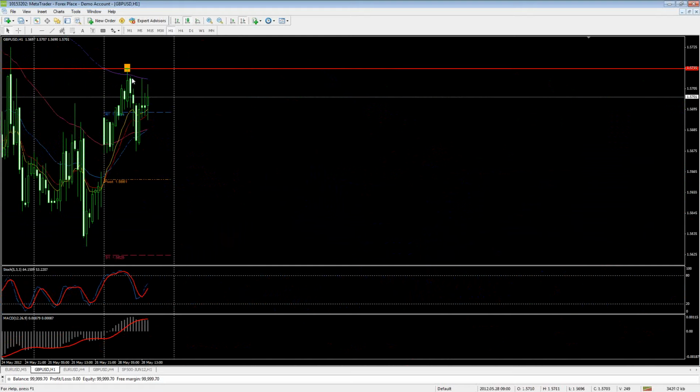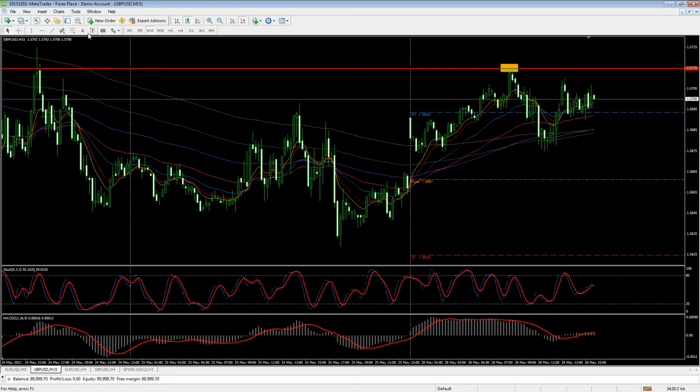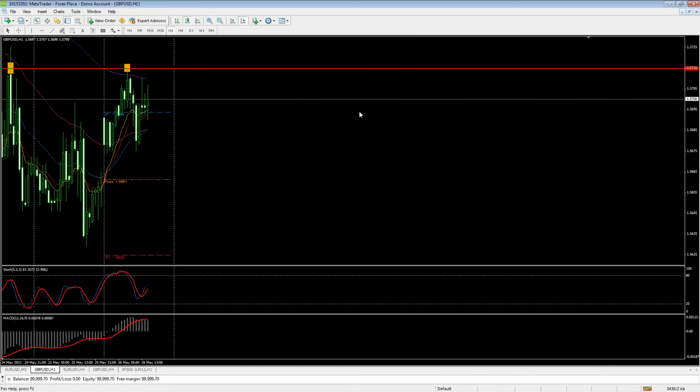So I have two resistances: the resistance from the price on the 15-minute chart, and the 1-hour chart gives me the resistance of the 100 moving average. Obviously, it could have stopped on any other moving average.